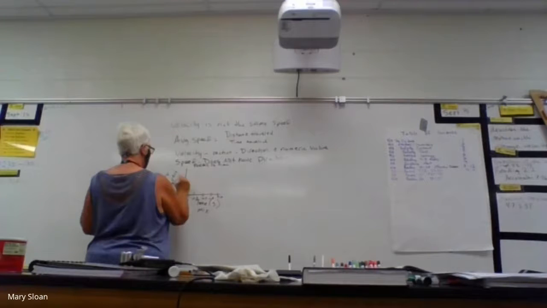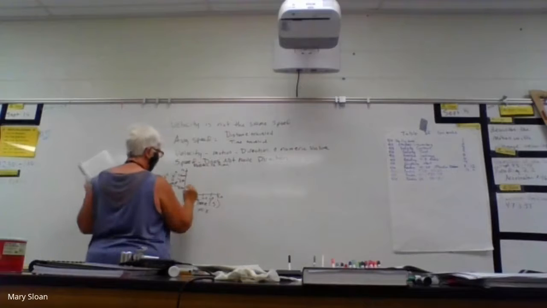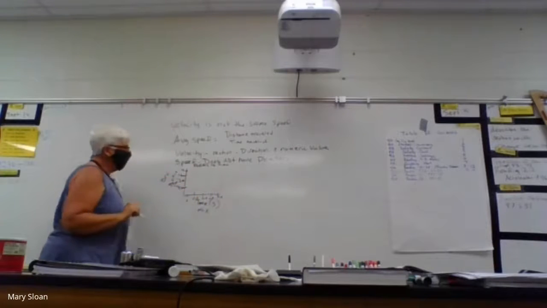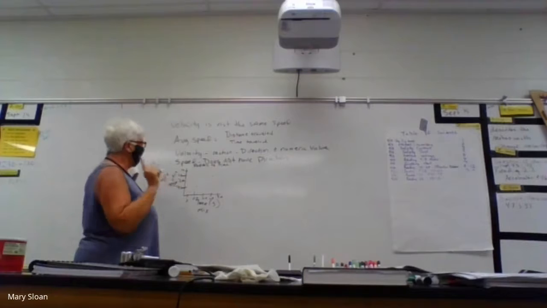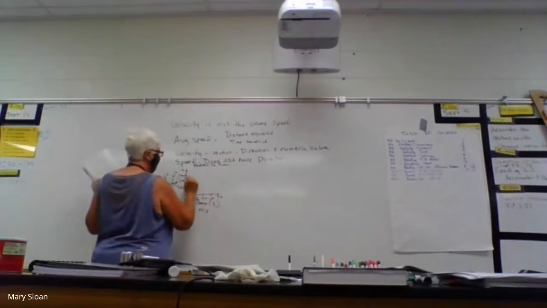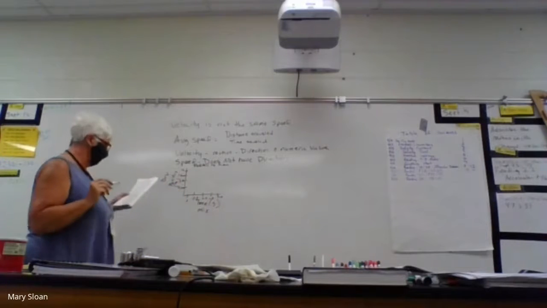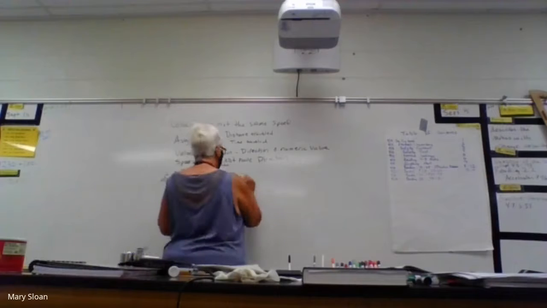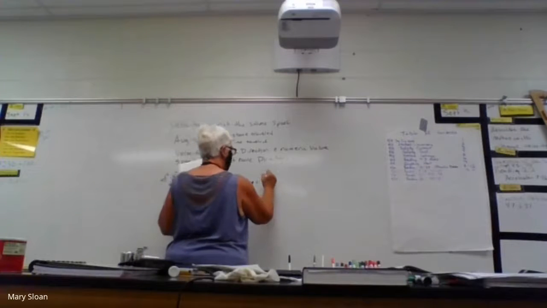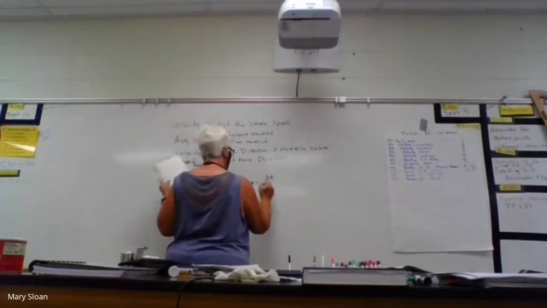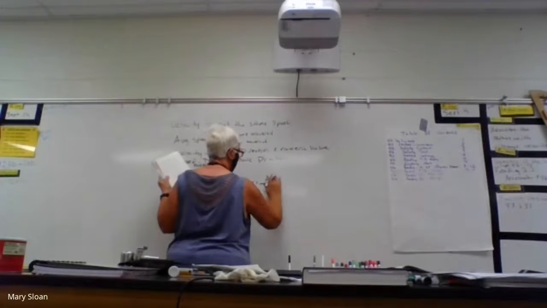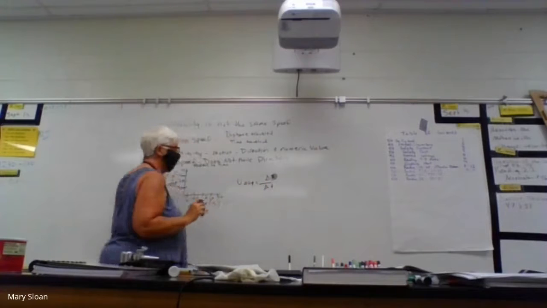4.0, 8.0, 12, and 16. When we graph this, we're wanting to find average velocity. To do that, we're going to do our rise over our run. So average velocity equals change in position over change in time.